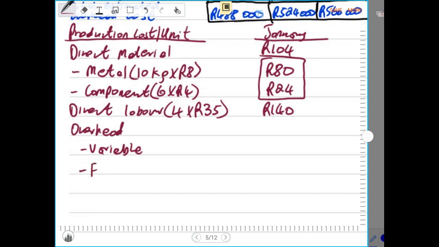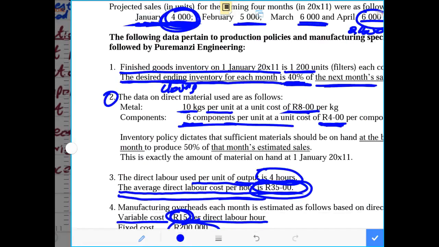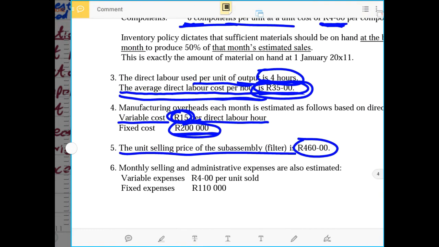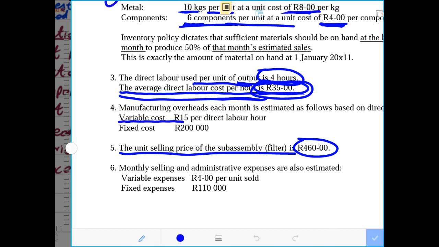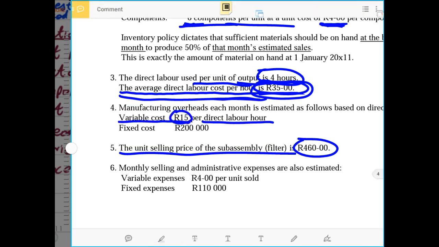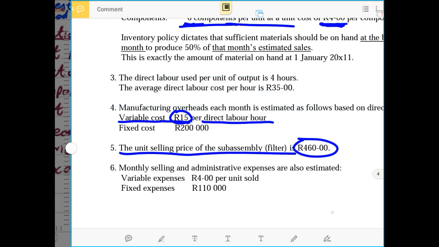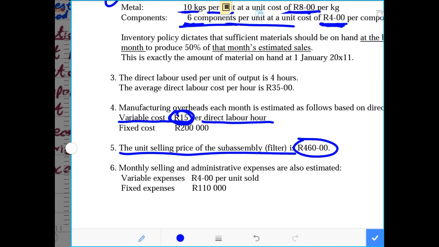Then we also have the fixed part. Our variable part was based on labor hours. The variable overhead was 15 rand per direct labor hour, so we multiply 15 rand by the number of direct labor hours it takes to produce 1 unit.